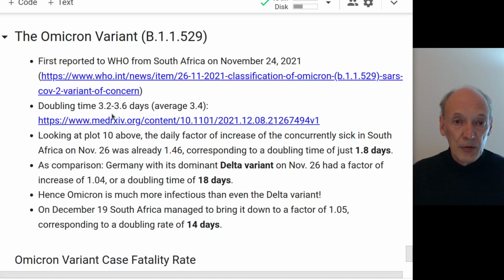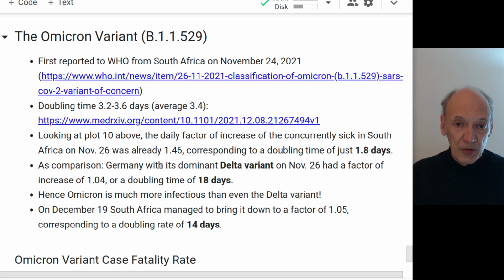And according to this article, it has a doubling time of about 3.2 to 3.6 days, or an average of 3.4. You can also look at my plot 10 above, and there the daily factor of increase of the concurrently sick in South Africa on November 26 was already 1.46, corresponding to a doubling time of just 1.8 days. So that was in the beginning.